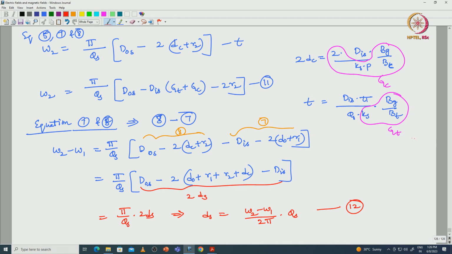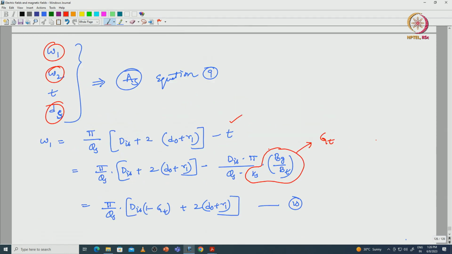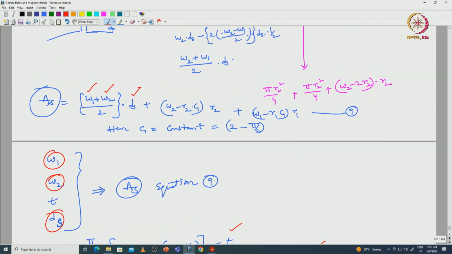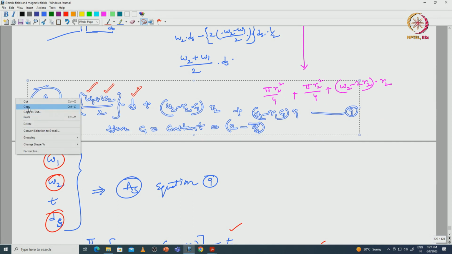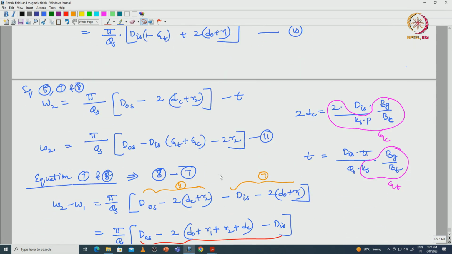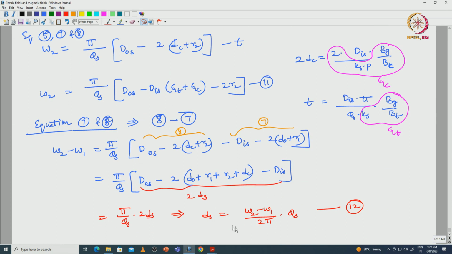Now we have to substitute all these values in equation 9, that is the slot area. So, the slot area equation is this one. Substitute W1, W2 and then ds value.